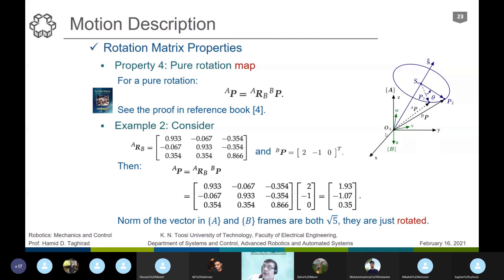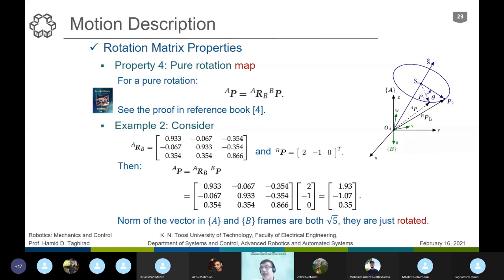Consider that in a rigid body you have a point, we call it P with respect to A, and then we rotate frame A to frame B. Just pure rotation mapping, we don't have any translation right now. Now this point P goes somewhere else. We call it P with respect to A and P with respect to B, where B is a rotated version of frame A.